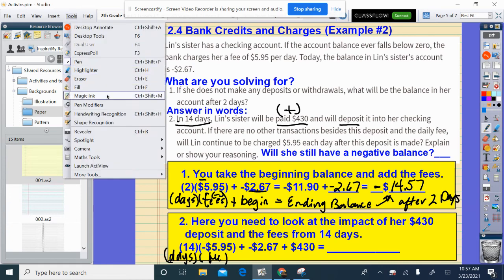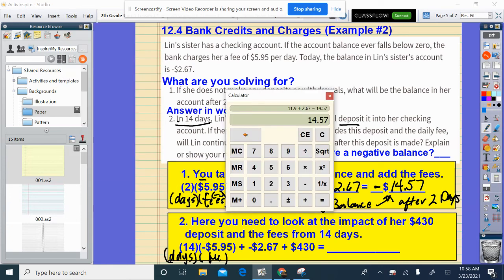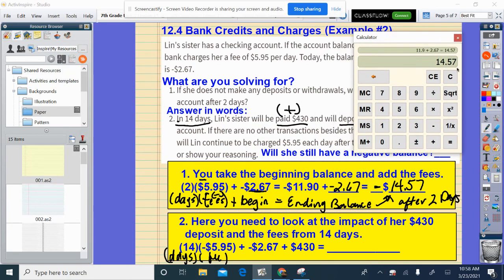I can do all that on my calculator, so follow along here. 14 days times negative $5.95, plus negative $2.67, plus the deposit of $430.